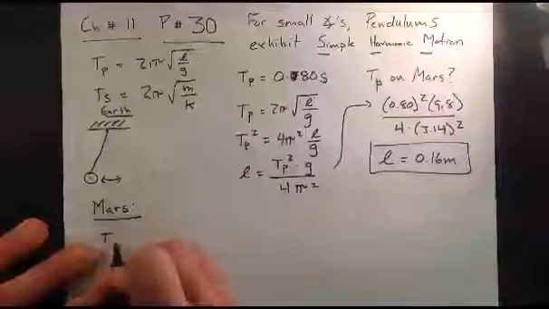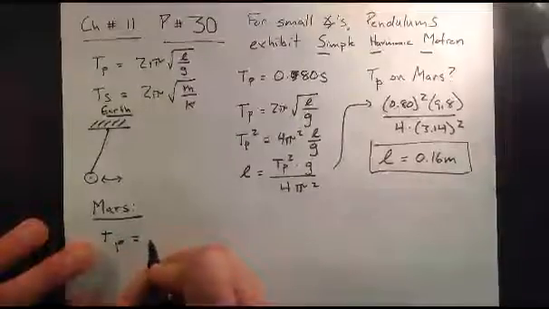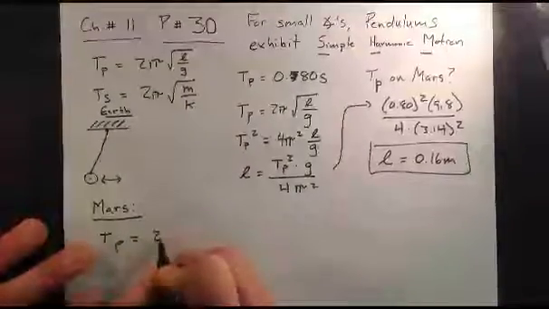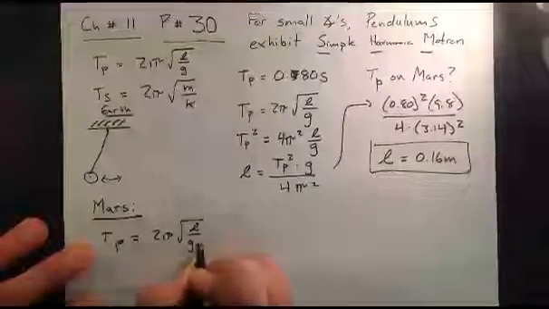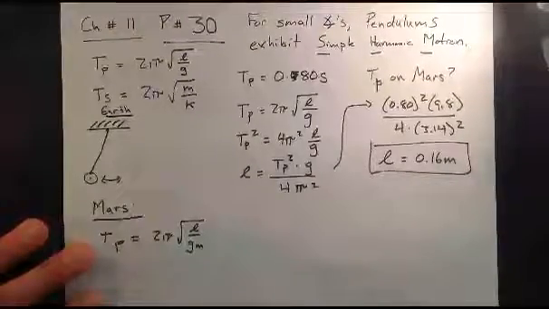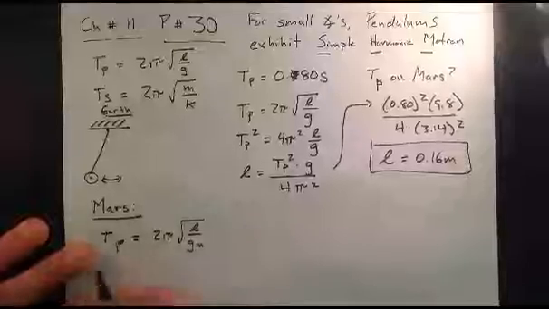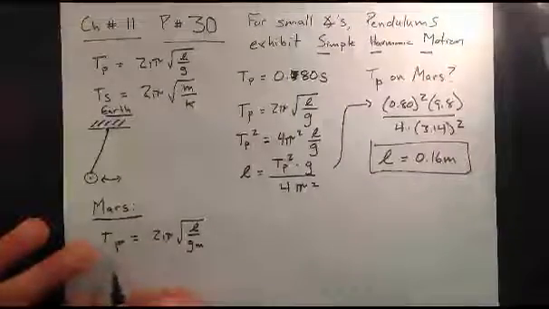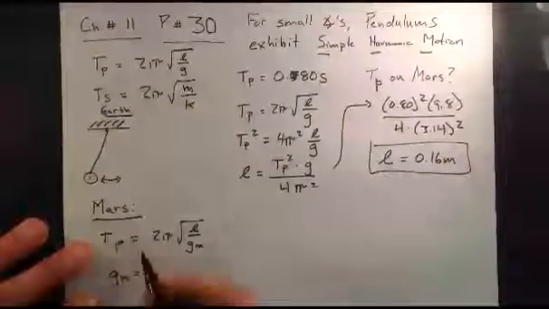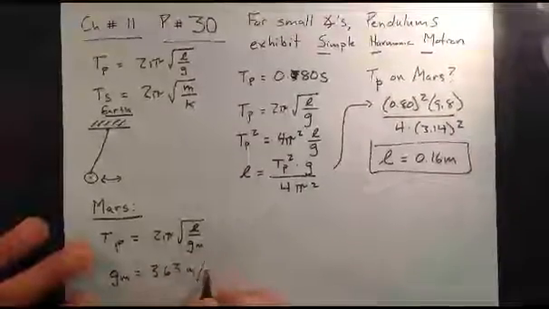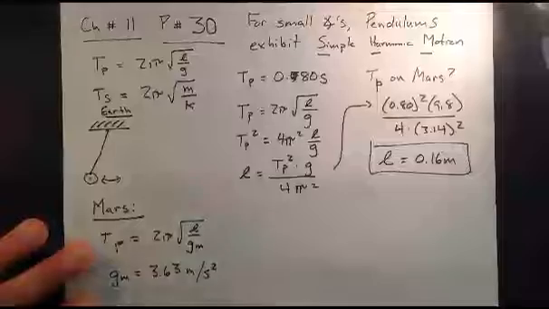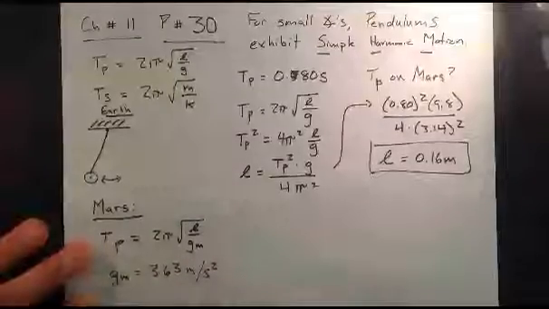All right, so, I'm running out of room here. So the period on Mars would be 2 pi times the square root of L over g, where g is the acceleration due to gravity on Mars. And we solved for this in an earlier problem, taking into account the mass of Mars and the equatorial radius of Mars and that type of thing.